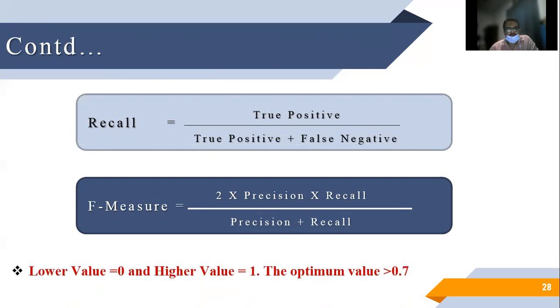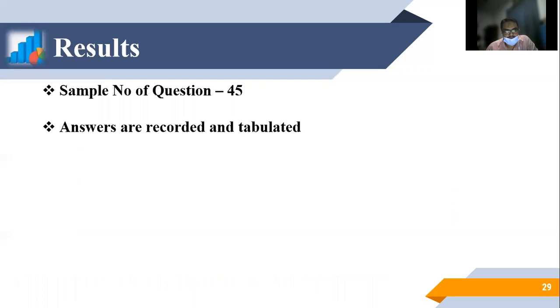Accuracy is measured as a percentage, whereas the other three lie between 0 and 1. 0 is the minimum value, whereas 1 is the highest value. The optimum value can be greater than 0.7.